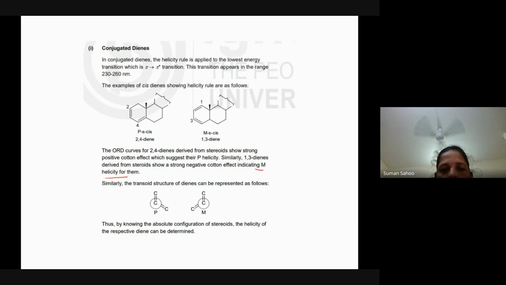So when we do the 2,4-dienes, you can determine the structure and whether it is P helicity or M helicity from the ORD Cotton effect curves. P helicity molecules give a positive Cotton effect, and M helicity molecules give a negative Cotton effect.